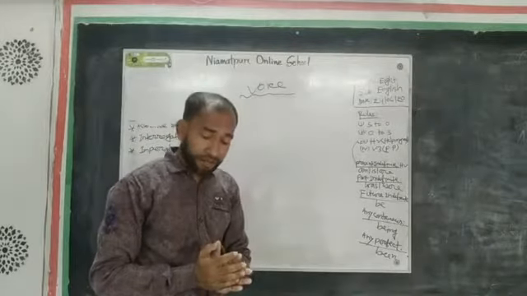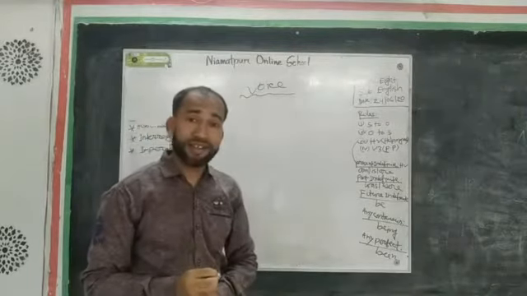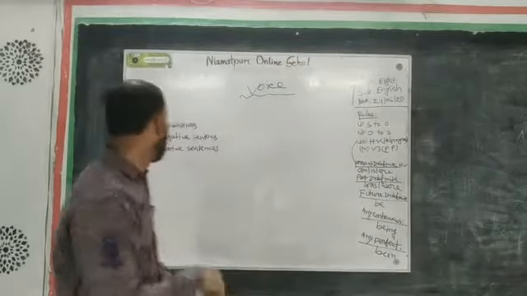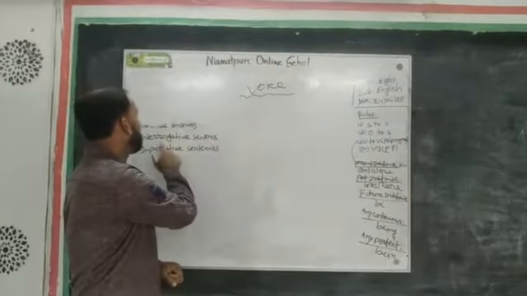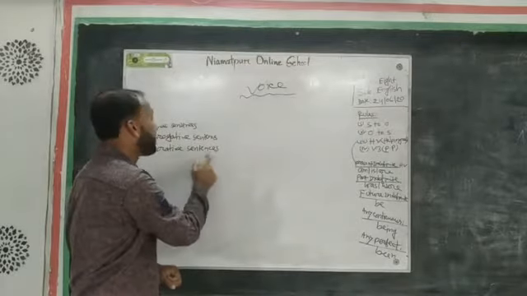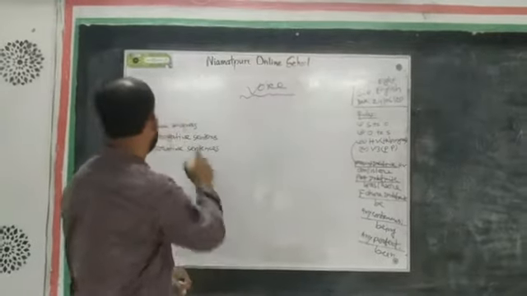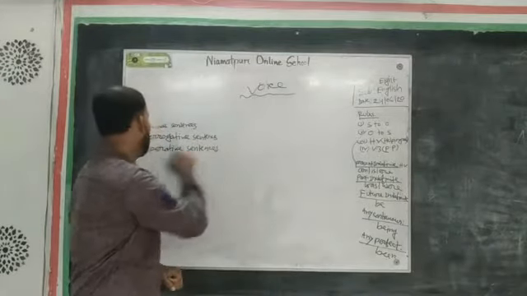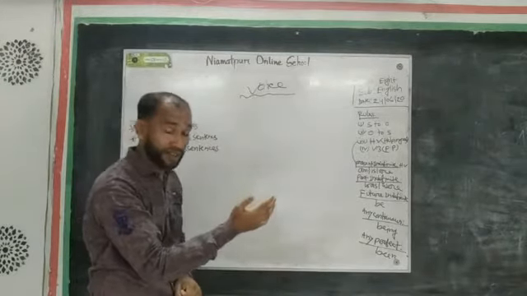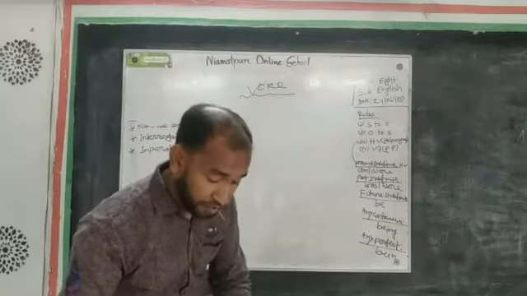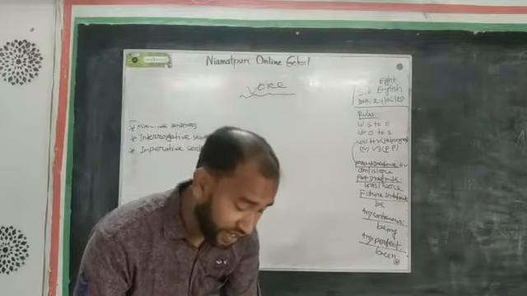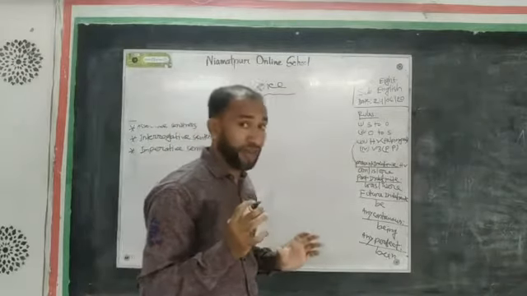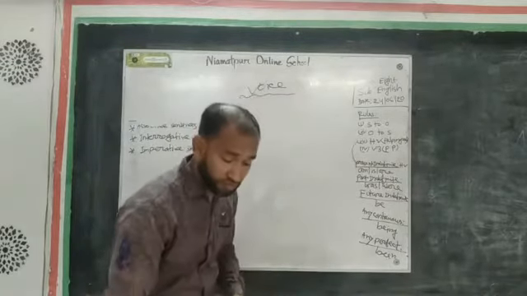I have already divided the classes into three sections: assertive sentence, interrogative sentence, imperative sentence. That means voice of assertive sentence, voice of interrogative sentence, and voice of imperative sentence. Now I will discuss the general rule from active to passive.